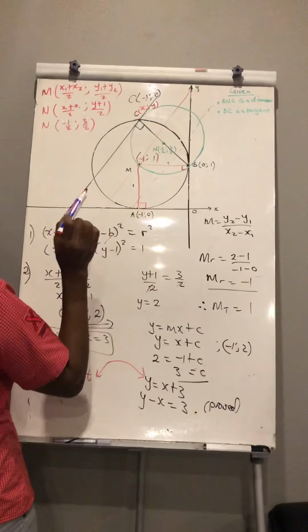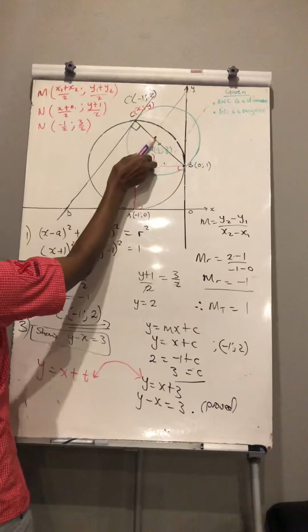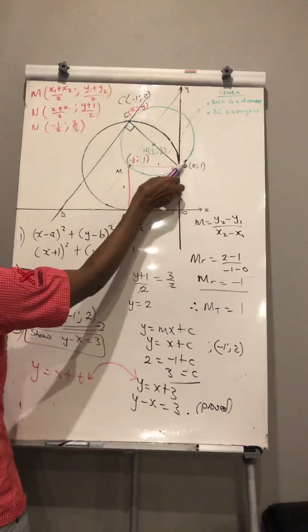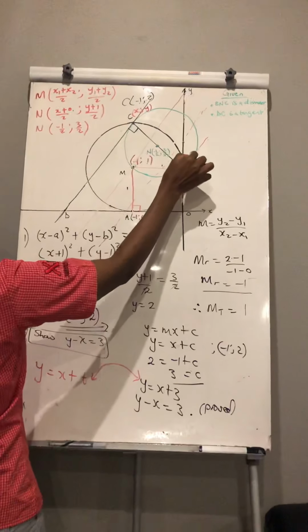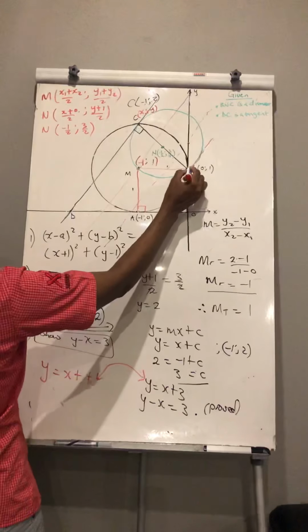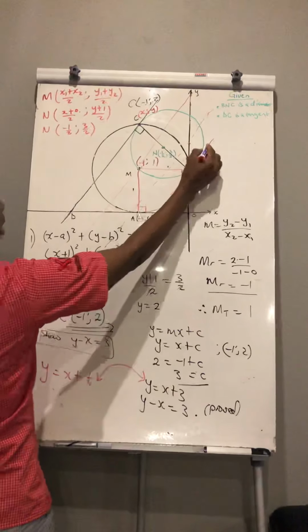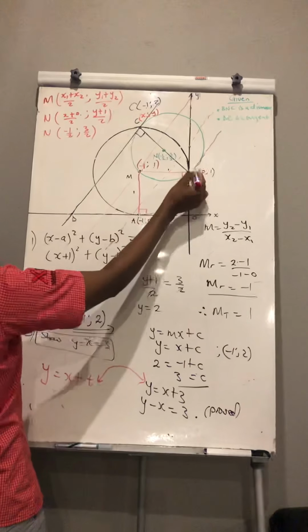And if you carry on like this, it will be cutting until a certain time when it just touches, which is just right here. You draw a line perpendicular just right there. It's also a line that has a gradient of 1, and it's just touching the circle there for the last time.